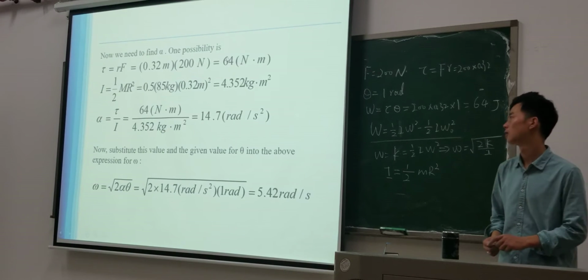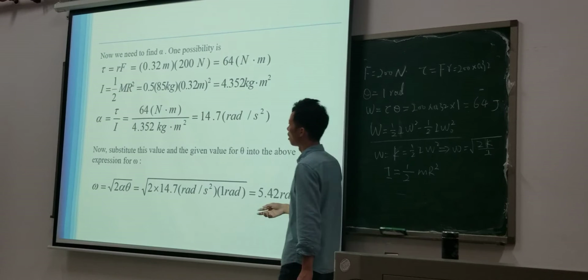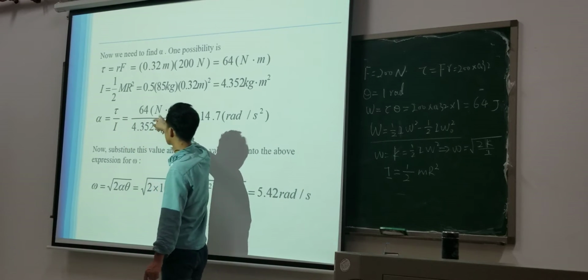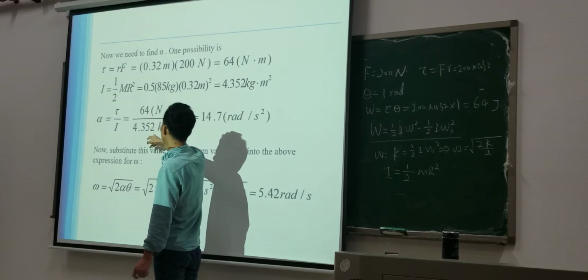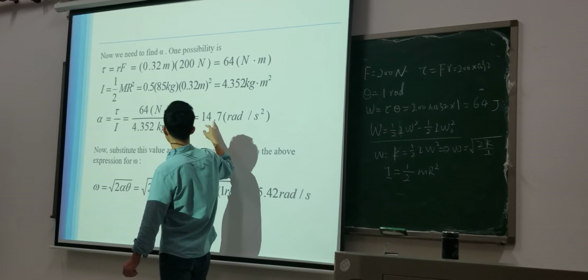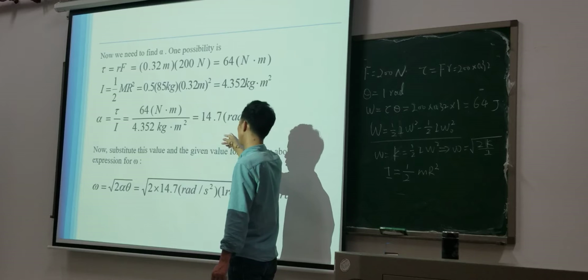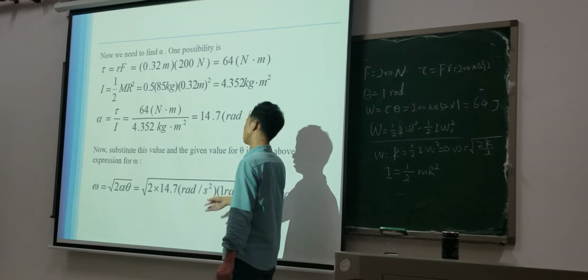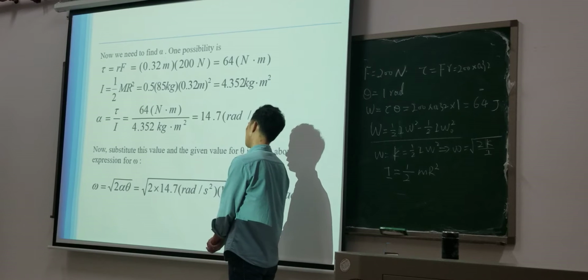And alpha is equal to tau over I, where tau is 64 and I is this one. So we have the angular acceleration, and then we can find the omega is equal to root 2 alpha theta.